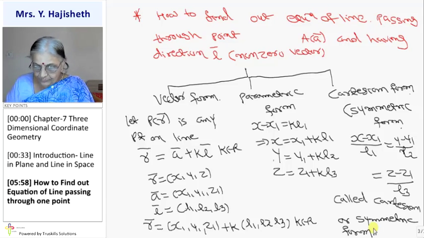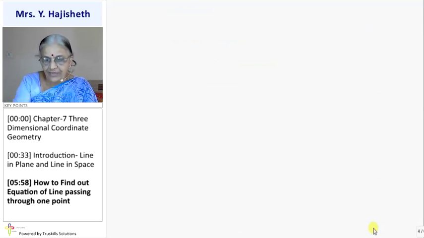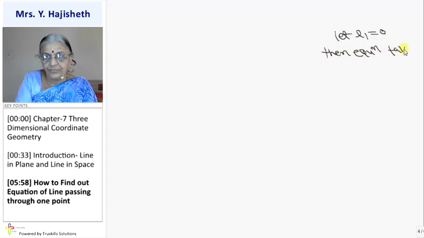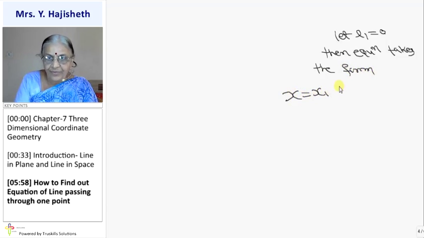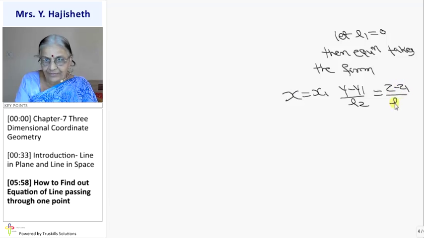Suppose your l1 is 0, okay? In the Cartesian equation, let l1 be 0. Then what is the equation? The equation takes the form: x is x1, and (y minus y1) upon l2 equals (z minus z1) upon l3.